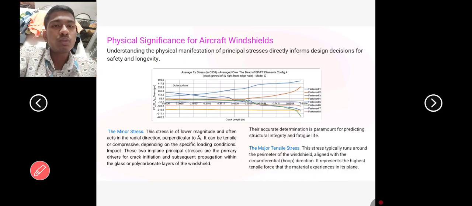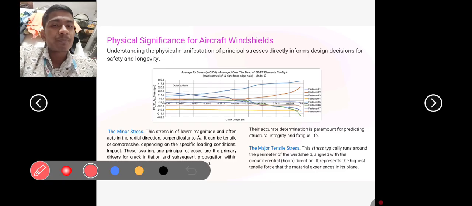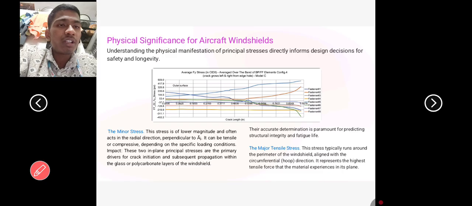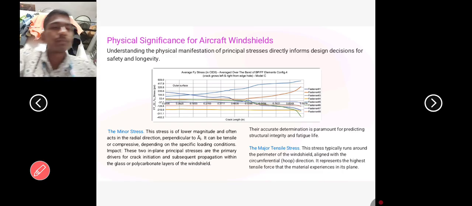These two in-plane principal stresses are primarily responsible for crack initiation and subsequent propagation within the glass or polycarbonate layer of the windshield. Their accurate determination is paramount for predicting structural integrity and fatigue life.